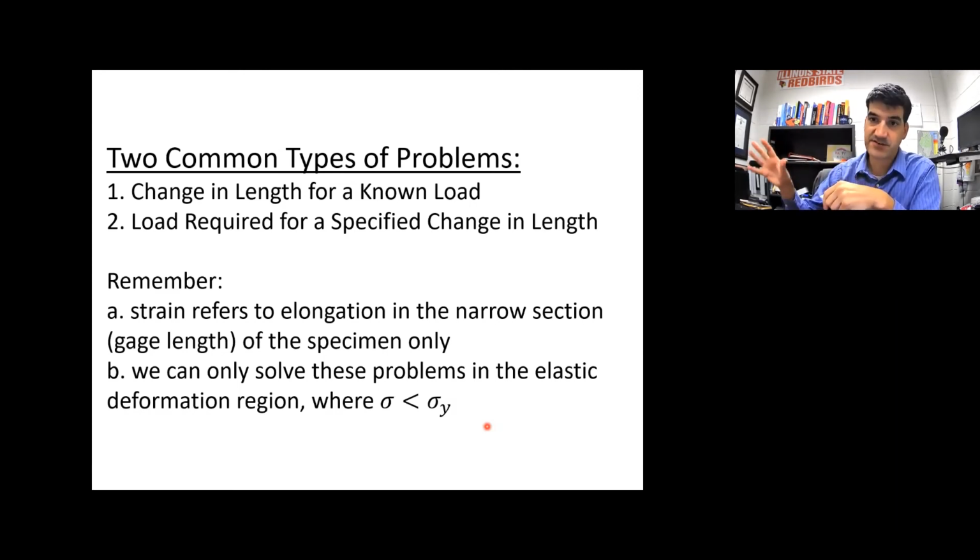You get into the plastic region, it all goes out the window. It's not linear anymore, and there's no simple relationship between stress and strain. The reason we can solve these in the elastic region is because there's a simple relationship between stress and strain. It's given by the elastic modulus. But that doesn't apply once we get into the plastic deformation region.